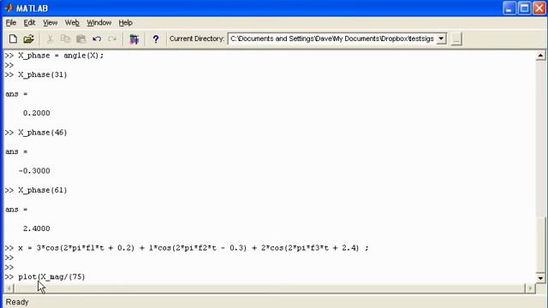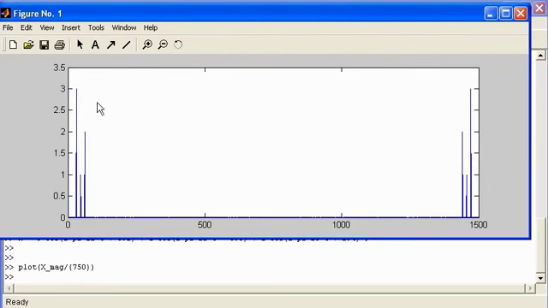If I divide all the magnitude values by 750, I'll get the absolute magnitude values. So there, I've plotted the magnitude spectrum and scaled the amplitude axis, and you can see that the lowest frequency now has a value of 3, the middle frequency has a value of 1, and the highest frequency has a value of 2, which corresponds to the time domain signal that we created.